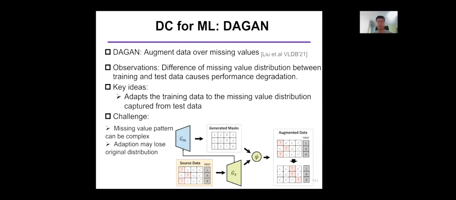To address it, the basic idea of DAGAN is to reduce the divergence of data distribution between training data and test data. The key idea is to capture the missing value distribution from the test data using GAN, and it adapts the training data to capture the distribution without changing the labels. After that, it refines the machine learning model by retraining with the adapted data.